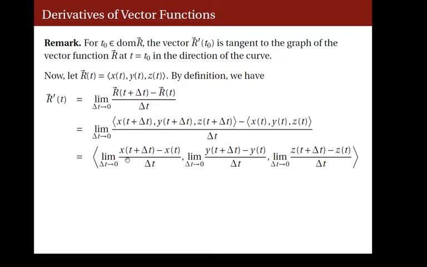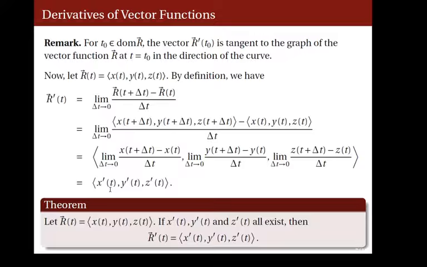Now let us look at the first coordinate. Isn't this limit familiar to us? This is simply the derivative of x of t. And so the first coordinate is x prime of t, the second coordinate is y prime of t, and the third coordinate is z prime of t.